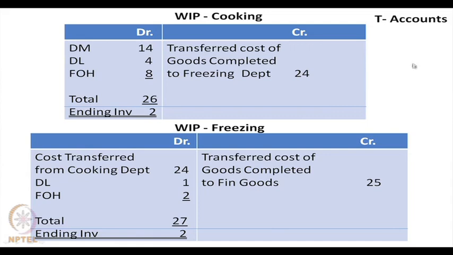If we write the T accounts for cooking work in process and freezing work in process, on the debit side we have direct material 14,000 rupees, direct labor 4,000, factory overhead 8,000, totaling 26,000.